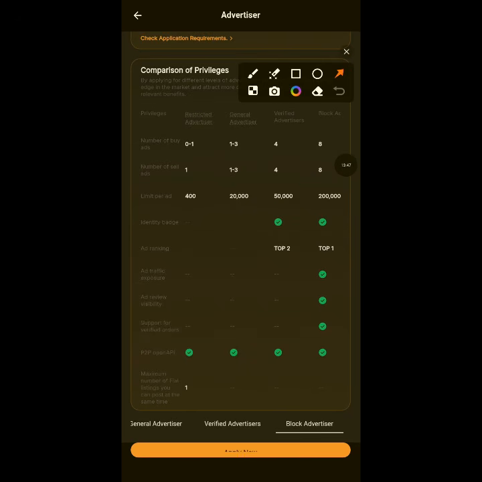Definitely, you all know that if you are a block advertiser, which is the biggest, the highest form of advertisement stage on Bybit, your ads will be shown to more people. If you are a verified advertiser, your ads will be shown but not as much. That's why you can see the ad ranking.